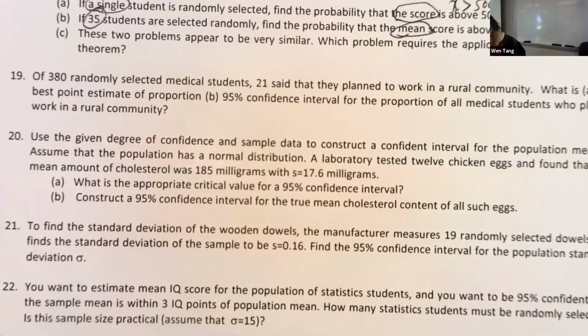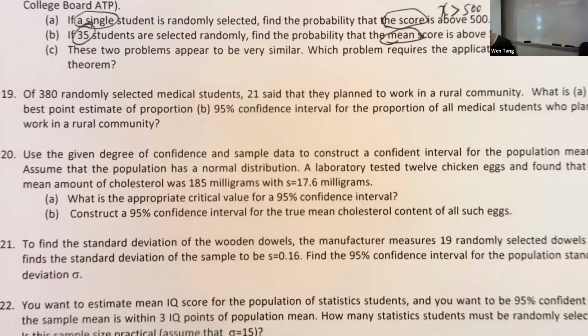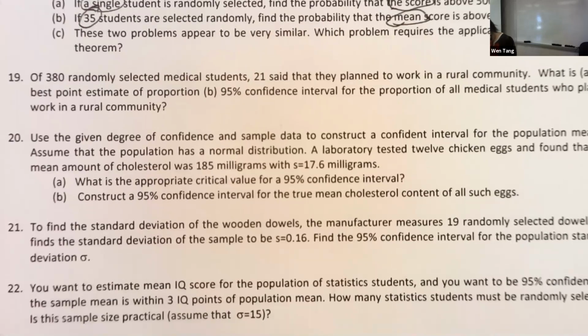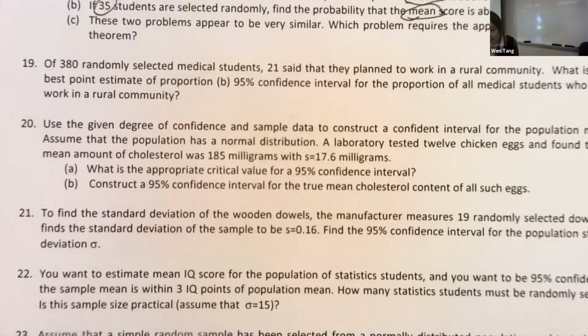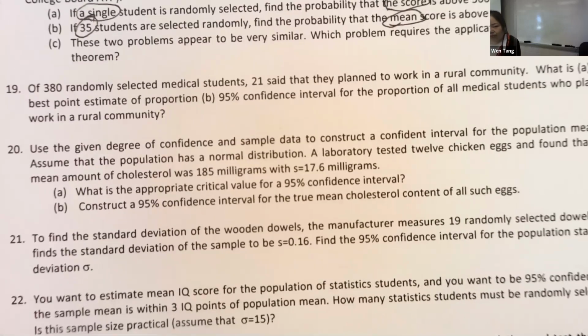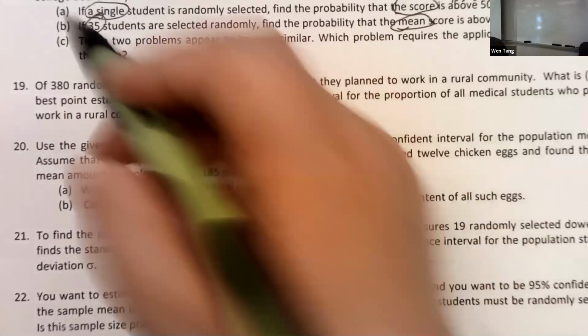Number 19 is still about the confidence interval of proportion, which means the confidence interval is very important in our final exam, right? So for number 19, we have this.